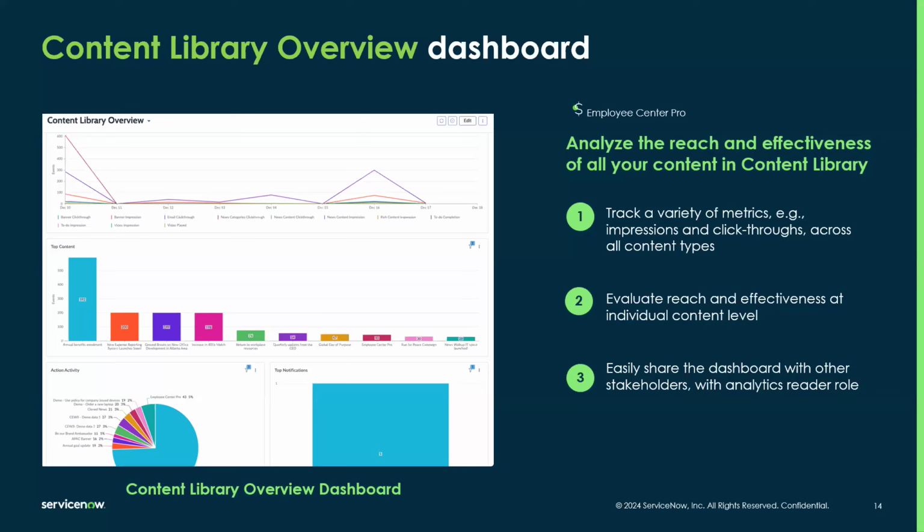But at a high level, the content library overview dashboard is where you would go when you are trying to get a bird's eye view of all your content in content library and engagement on that content. The good thing is, from here, you can also drill down a little bit and see, for example, when you see top content, you can look into what that content is. If you are looking into aggregated events across all content types, you can go and see how that split is happening. So you can drill down.